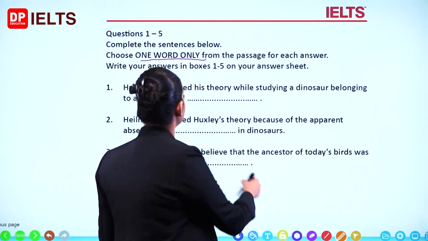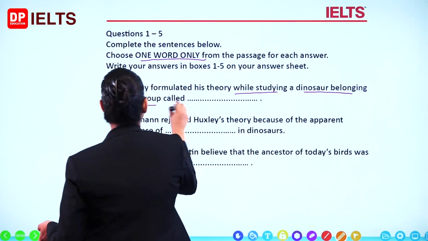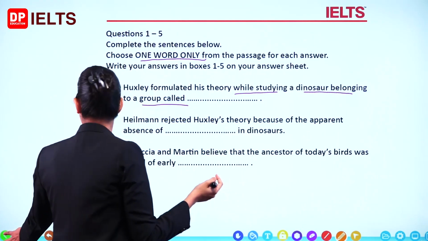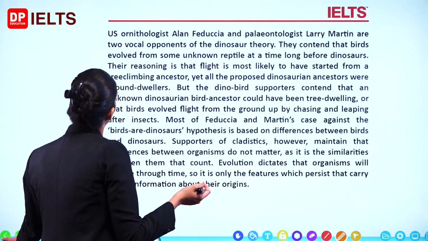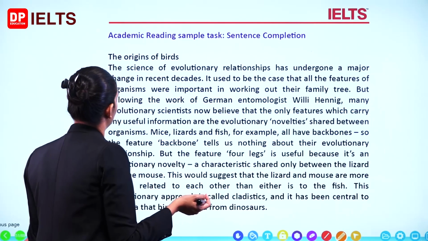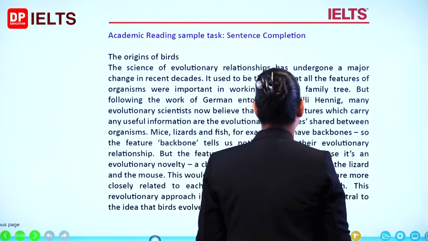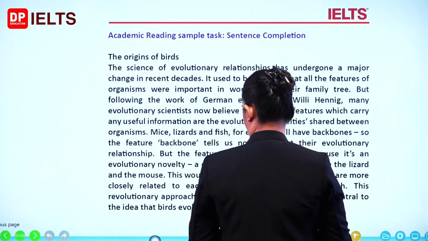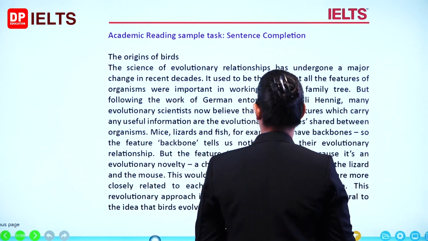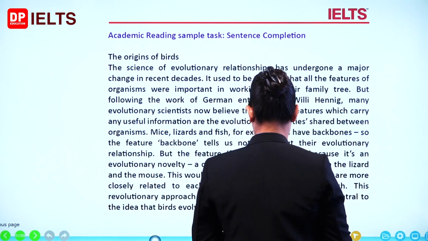Huxley formulated his theory while studying a dinosaur belonging to a group called what? So, group called what? Group. We have to look out for that group. It's important that you find the word group, okay?